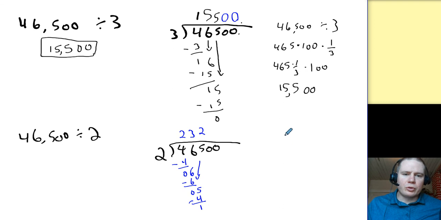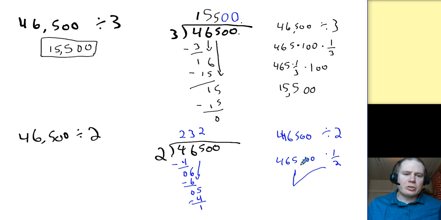If I just do 465 divided by 2, 465 times a half, I don't get 232. I get 232 with a remainder.